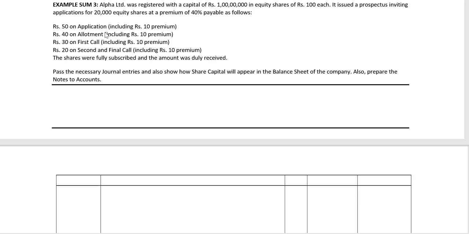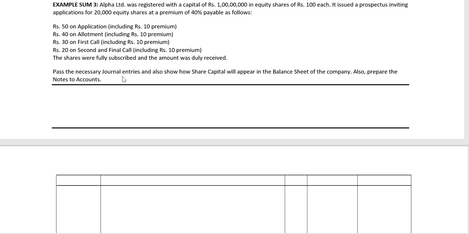Rupees 50 on application, including rupees 10 premium. Rupees 40 on allotment, including rupees 10 premium. Rupees 30 on first call, including rupees 10 premium. And rupees 20 on second and final call, including rupees 10 premium. The shares were fully subscribed and the amount was duly received.